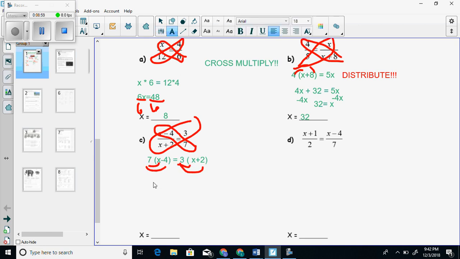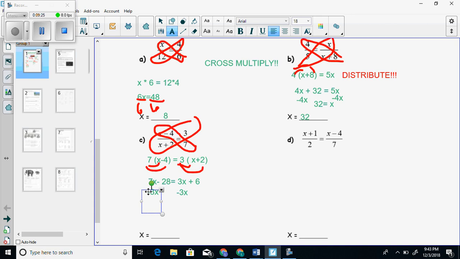So now I have 7x minus 28 equals 3x plus 6. I'm going to subtract 3x from both sides because I don't want to get a negative x. And I'm going to have 4x over here.